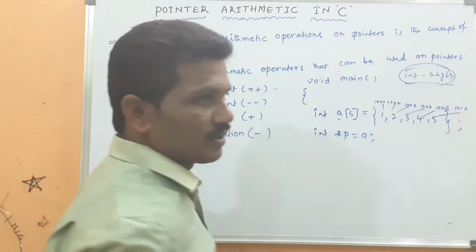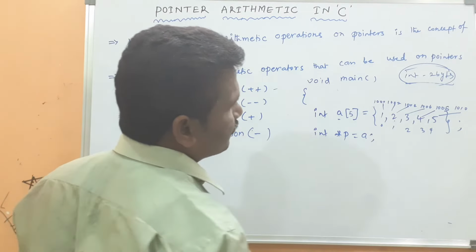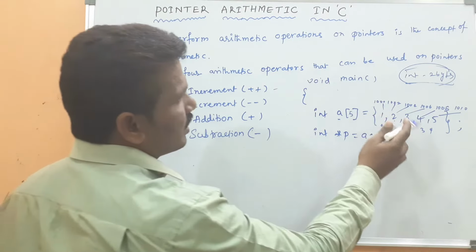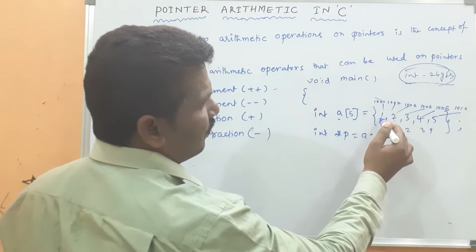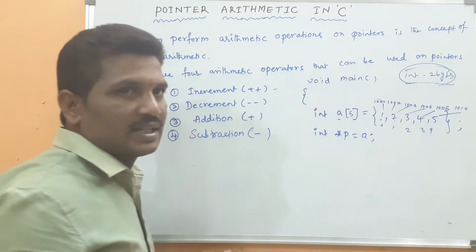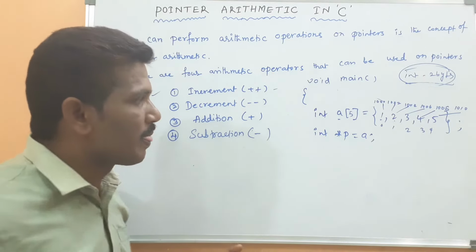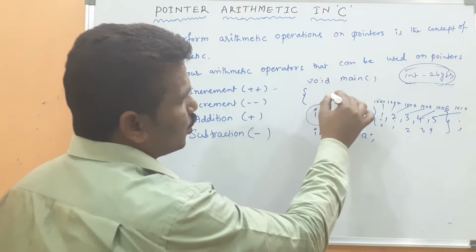These are the address locations, and these are the indexes. Every value gets incremented by 2 bytes, because an integer is 2 bytes; incrementing by 1 goes to the next location.